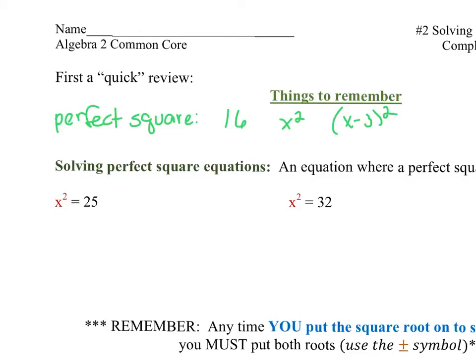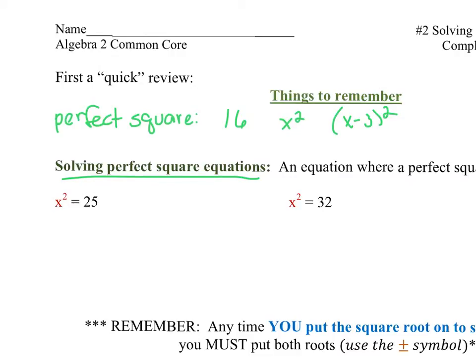Okay? So when you're solving an equation that has a perfect square in it, there are a couple ways that you can solve this. This particular one, actually all of them. However, we're going to go over taking the square root, doing the inverse operation.